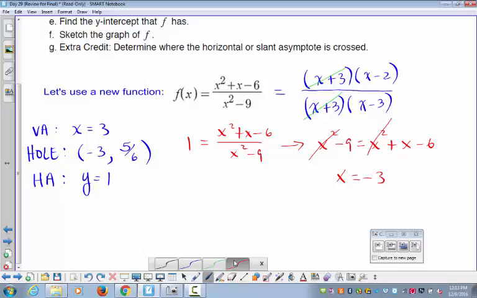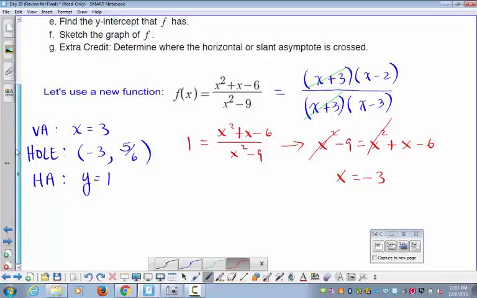So that horizontal asymptote is crossed at negative 3. Does that make sense? Let's keep going for now.